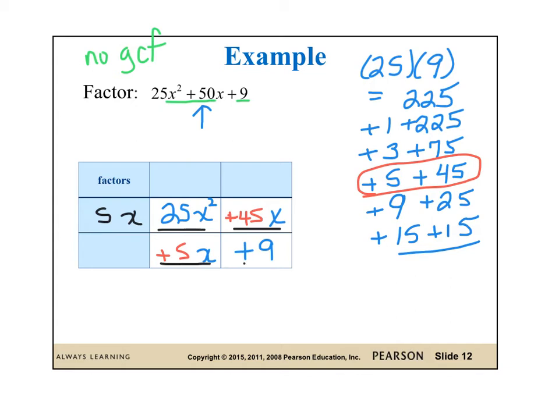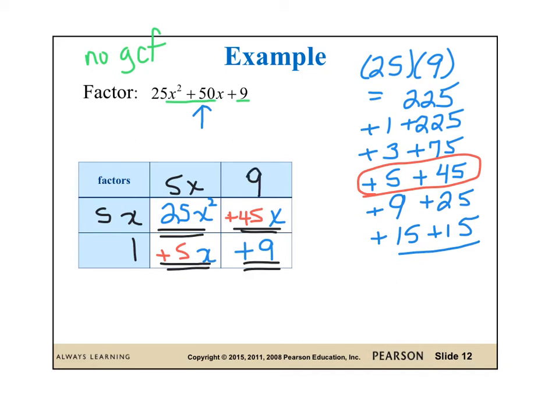And between 5x and 9, our greatest common factor is 1. And between 25x squared and 5x, our greatest common factor is 5x. And between 45x and 9, greatest common factor is, in fact, 9.